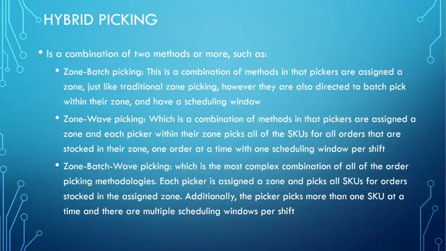And then we have zone batch wave picking, which is the most complex combination of all the order picking methodologies. Each picker is assigned a zone and picks all SKUs for orders stocked in the assigned zone. Additionally, the picker picks more than one SKU at a time, and there are multiple scheduling windows per shift.